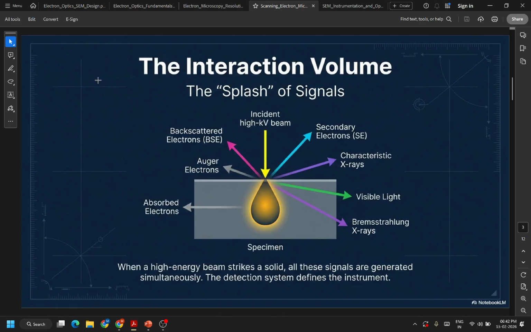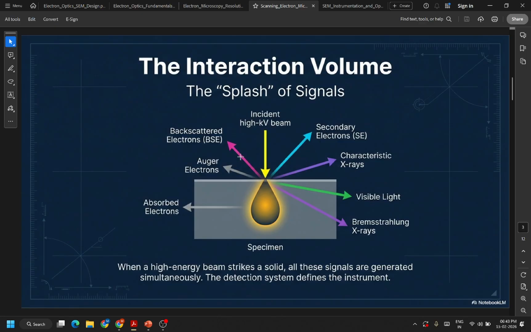So what exactly happens when an electron beam hits your sample? So this is your specimen. When a high energy electron beam hits your sample, it results in multiple signals. One of the main signals is your backscattered electrons and your secondary electrons.